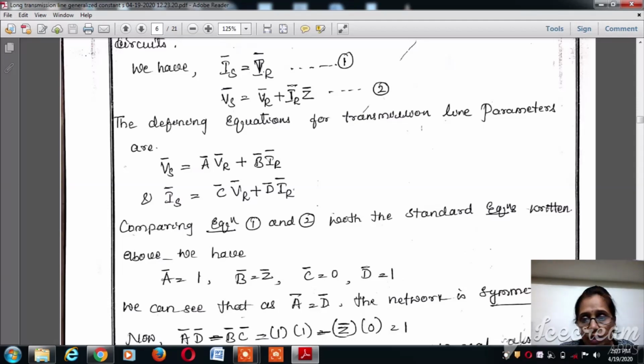Comparing this with VS equal to VR plus IR into Z, A is equal to 1 because there is no cofactor for VR here, and B into IR is compared to IR into Z, so B is nothing but Z. Now compare the IS equation: C is equal to 0 because there is no term associated with C into VR here.